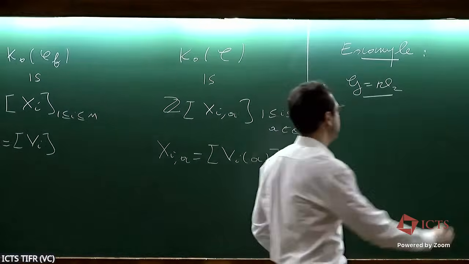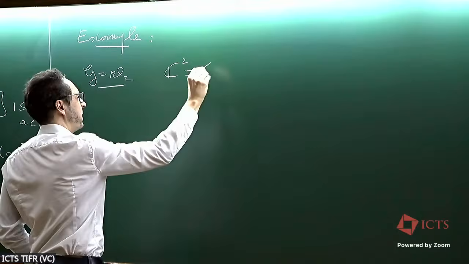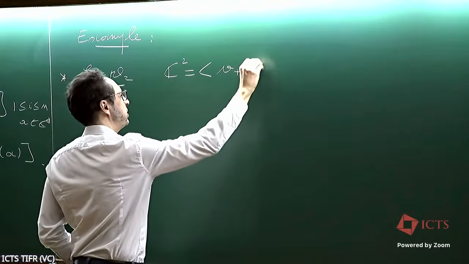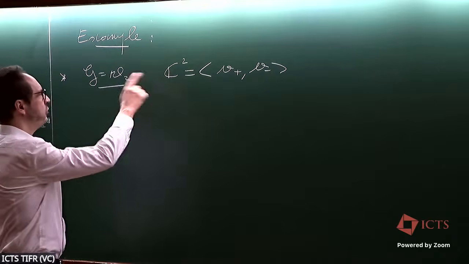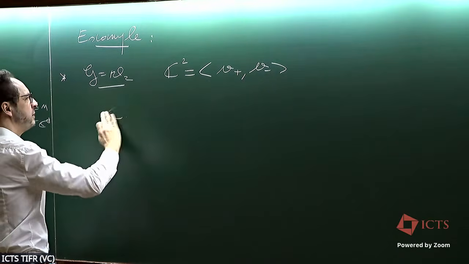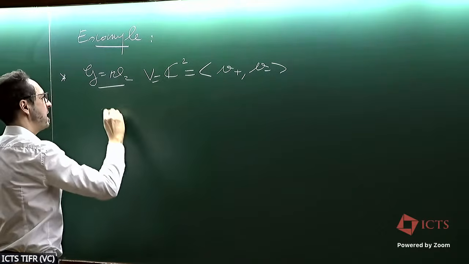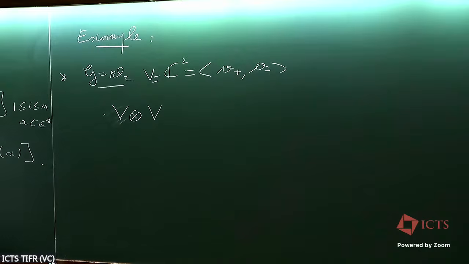So we have the natural representation. Let's denote by V_+ and V_- the highest weight and lowest weight vectors of this representation. So maybe we can call this V. And V tensor V is, as we discussed yesterday, not simple.